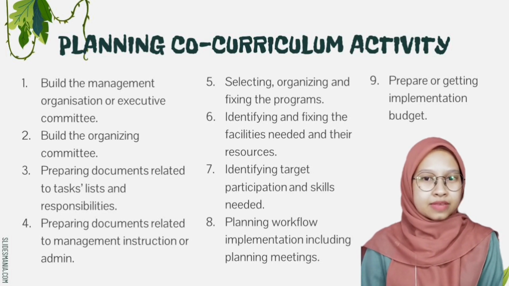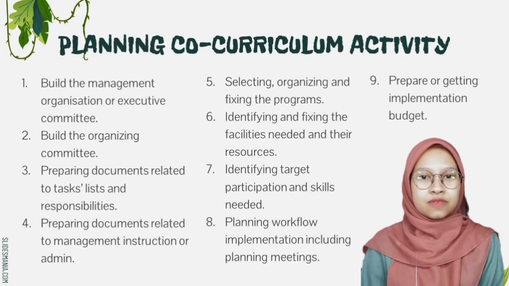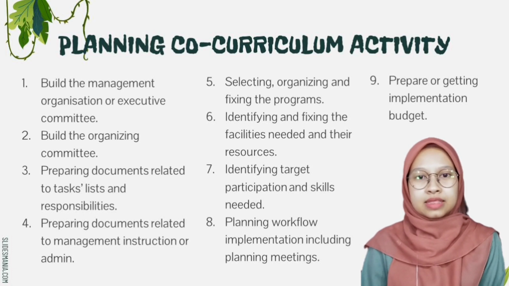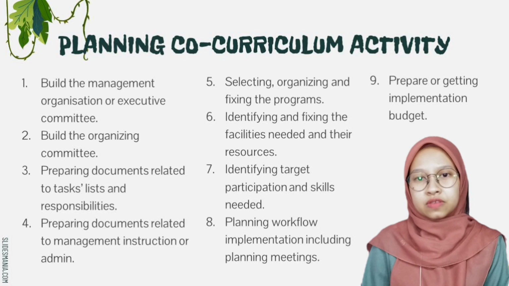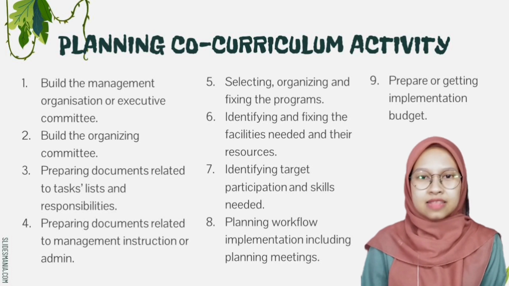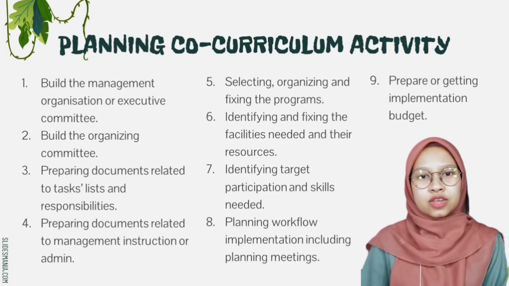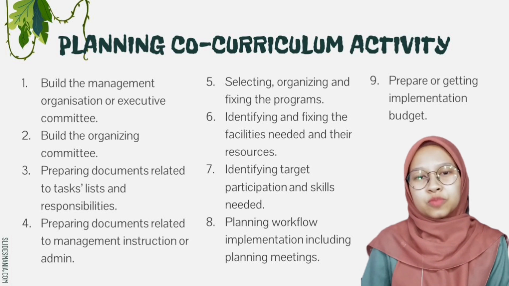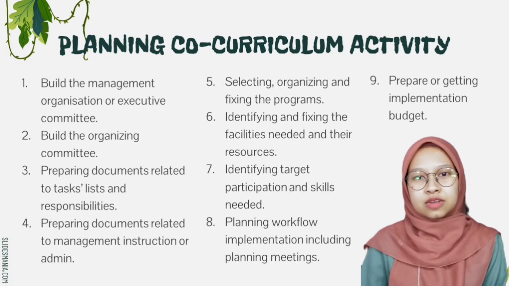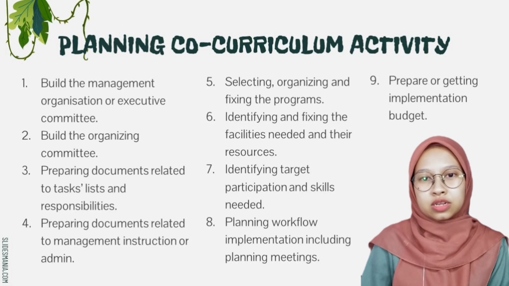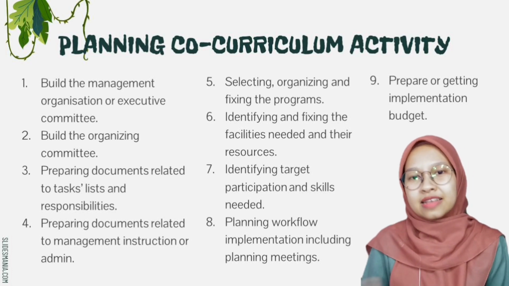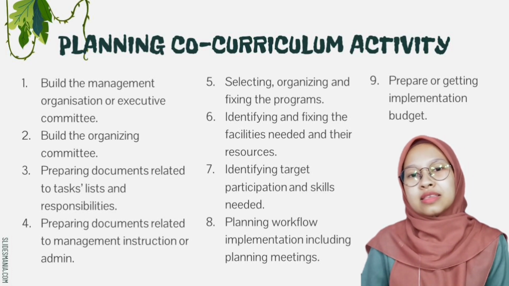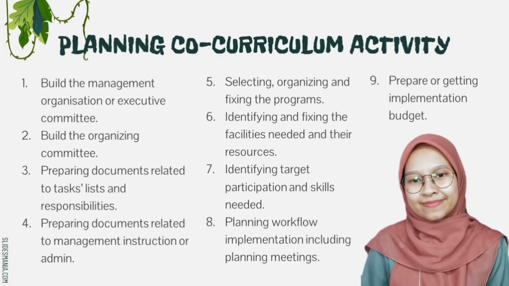The next step is selecting, organizing and fixing the programs. Then, identifying and fixing the facilities needed and their resources. And then, you have to identify the target participation and skills needed. And then planning workflow implementation, including planning meetings, and lastly, you need to prepare or get the implementation budget.